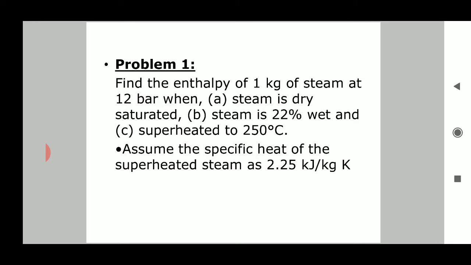So we need to find the enthalpy under all these three conditions. And we have one more thing given: assume the specific heat of the superheated steam as 2.25 kilojoules per kg.